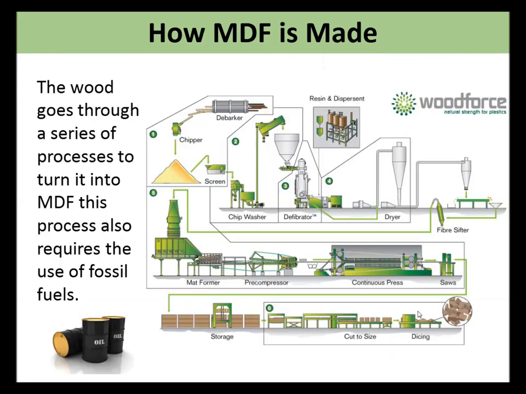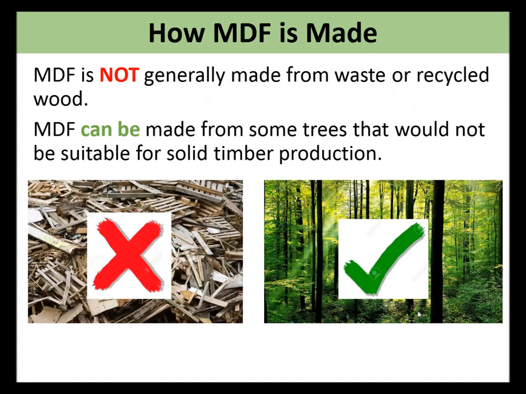The wood goes through a series of processes. It goes through a chipper, it's chipped, debarked, heated, turned into fibre, then formed and heated, and lastly cut to size. This process also requires the use of some fossil fuels, so this reduces the sustainability of the material.